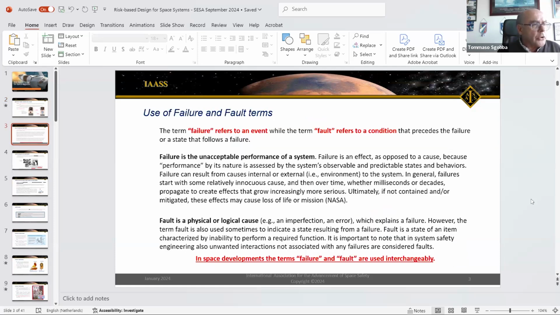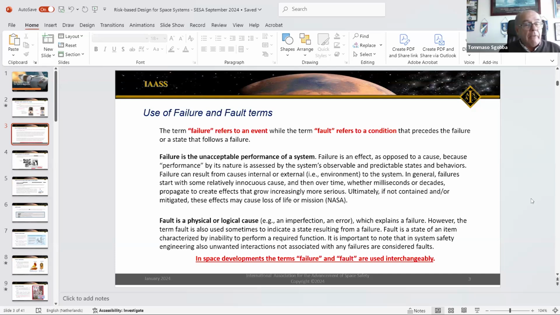A quick clarification. I will not go through all the content of this slide, but just to tell you that we use the terms failure and fault very much in space safety design. The two terms have different meanings, however we use them almost everywhere as interchangeable terms.